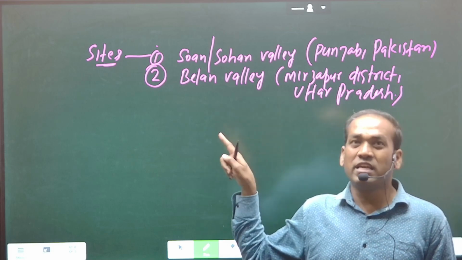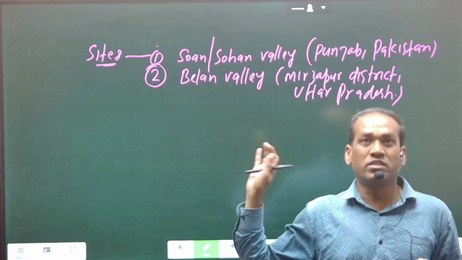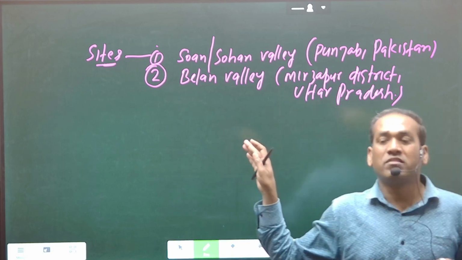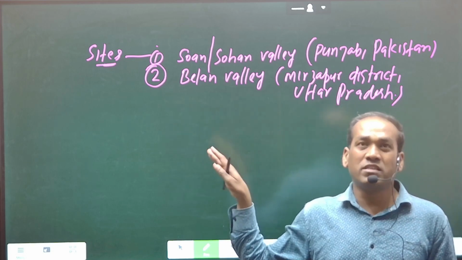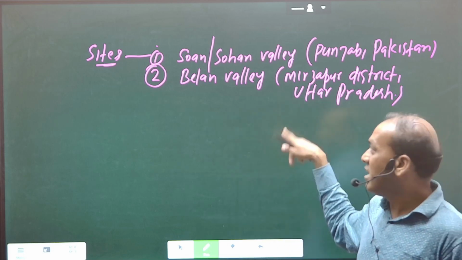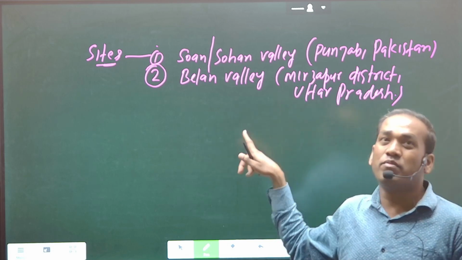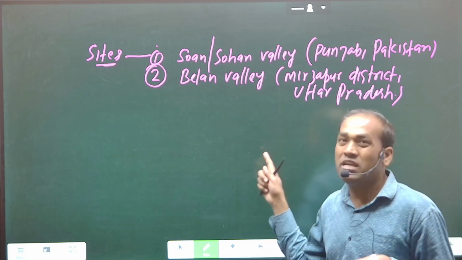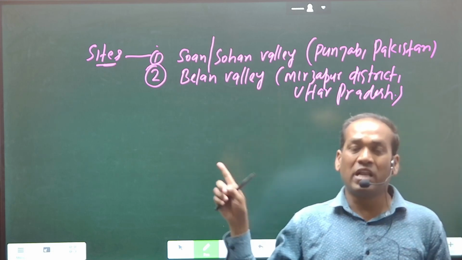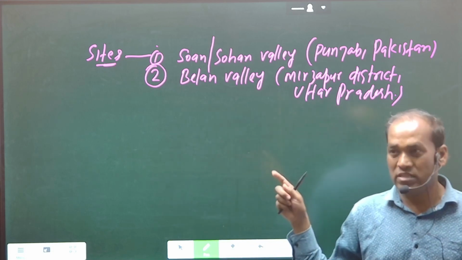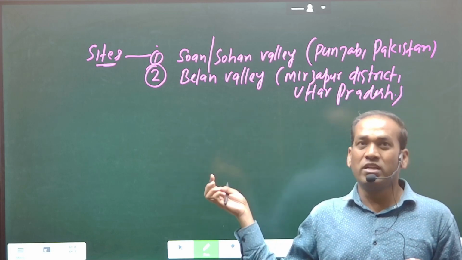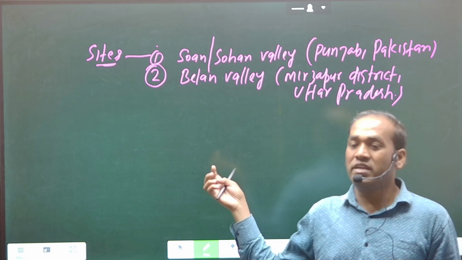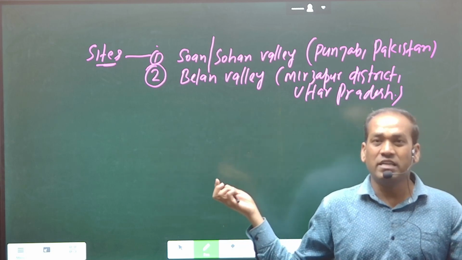Paleolithic age is divided into three main parts: Lower Paleolithic age, Middle Paleolithic age and Upper Paleolithic age. And I have explained on the board about the Lower Paleolithic age. So in Lower Paleolithic age, I have told you that people had no knowledge of cultivation, agriculture. They used to live in rock caves, rock shelters and caves.